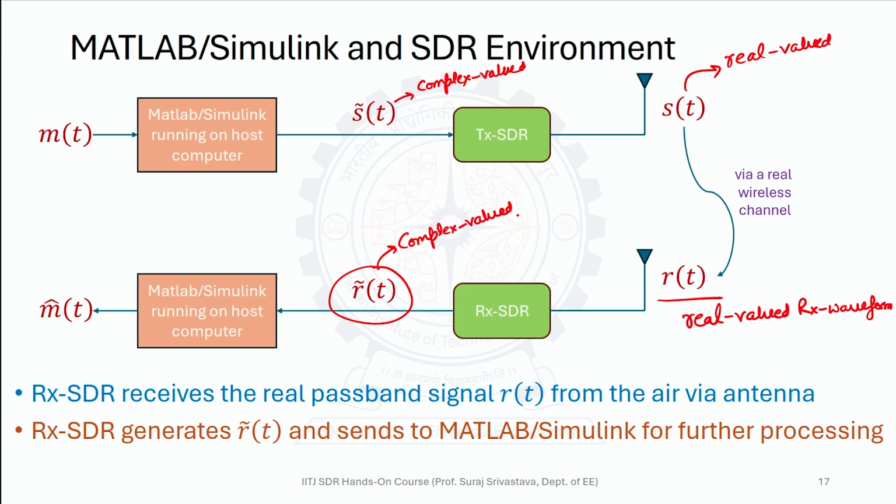So this is an end-to-end system which shows you how MATLAB Simulink and SDRs interact. MATLAB and Simulink run on a host computer which is connected to the transmit SDR through a USB or Ethernet cable. This cable transmits the complex valued waveform from the MATLAB Simulink model to the transmit SDR. So this is the overall summary which we had already seen.